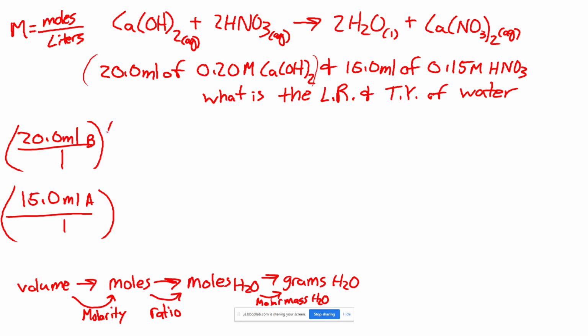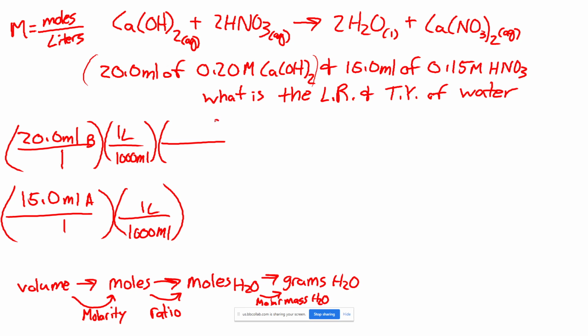So we do actually have one step here at the beginning that we need to do first, which is to convert from milliliters into liters. And if you remember, there's 1,000 milliliters in a liter. So let's leave that there, we won't do the math yet. That will convert us from milliliters into liters.